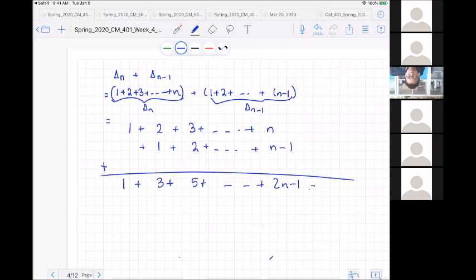And remember, we just said that the sum of the first n positive odd integers is equal to n squared, right? So we just showed that the sum of two consecutive triangular numbers adds up to a perfect square.